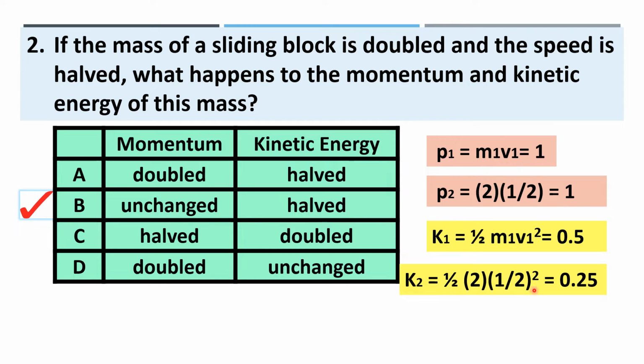So 1/2 times 2, that's 1. What is the square of 1/2? It's 1/4 or 0.25. If you compare the new kinetic energy K2, which is 0.25 unit, with the initial kinetic energy, which is 0.5 unit, we say that the kinetic energy is just half.